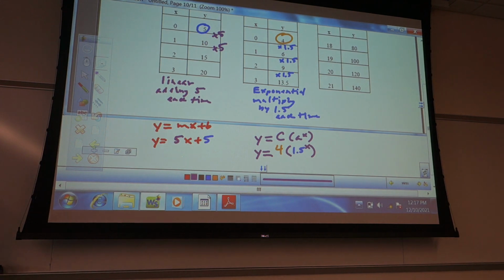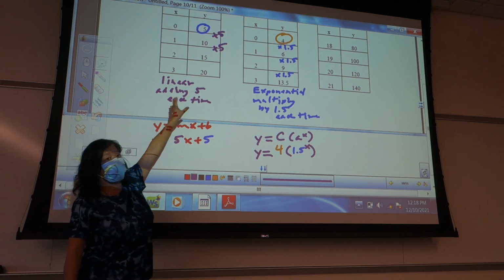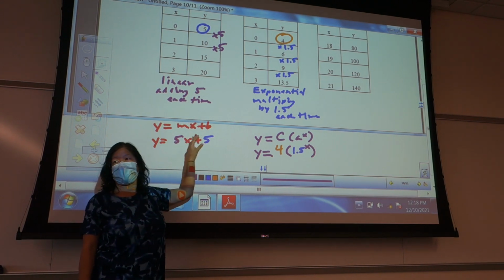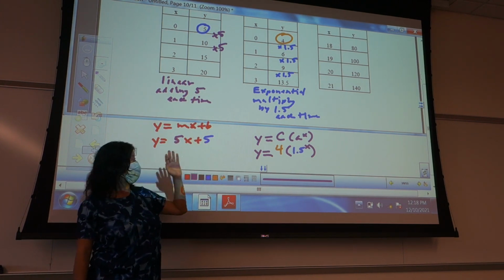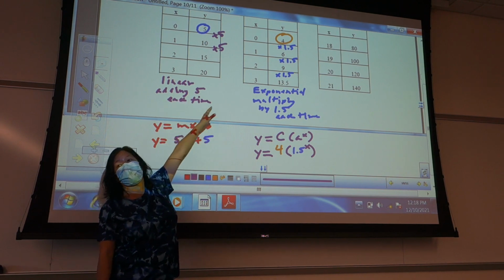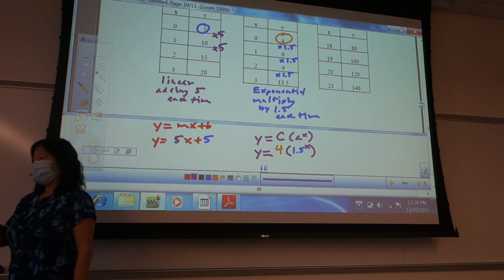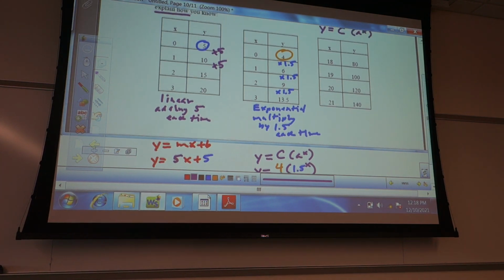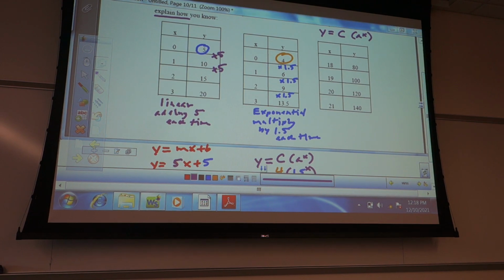Now, if you are not sure about this stuff, the top part is the important part. This is just the extra credit. Don't worry about that unless you're solid on this. Linear, b is the growth factor for the linears? For linear, the slope is there is no growth factor.